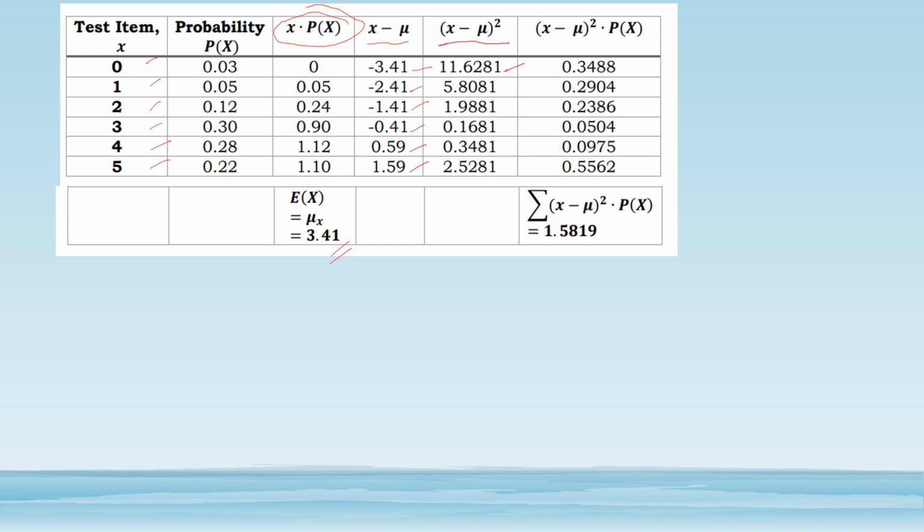The answer is positive 11.6281. It is now positive because any negative number multiplied by a negative number, the result is always positive. Negative 2.41 times negative 2.41 is 5.8081.